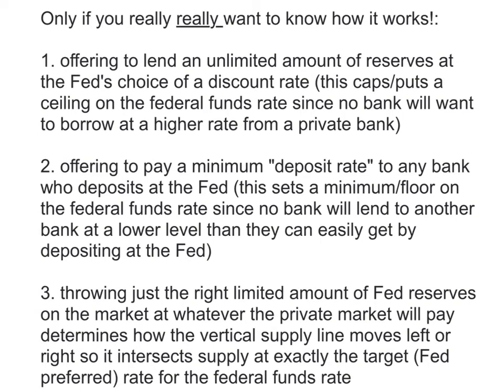The Fed can, through manipulating the reserves that it offers for loan and manipulating the discount rate and the deposit rate, those three things allow it to seriously influence the rate at which private banks lend to each other. The Fed has extra advantages in targeting the federal funds rate that it does not have with respect to the general interest rate.